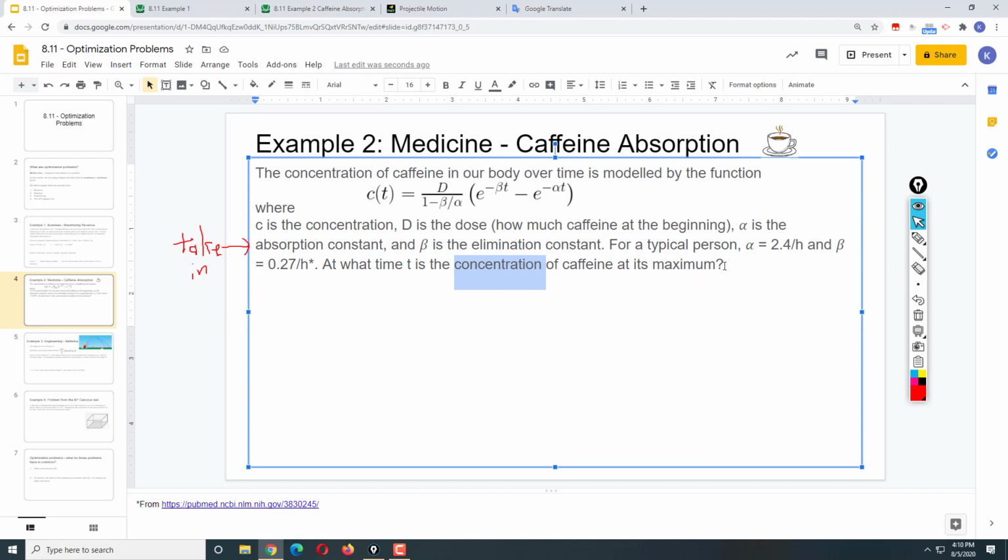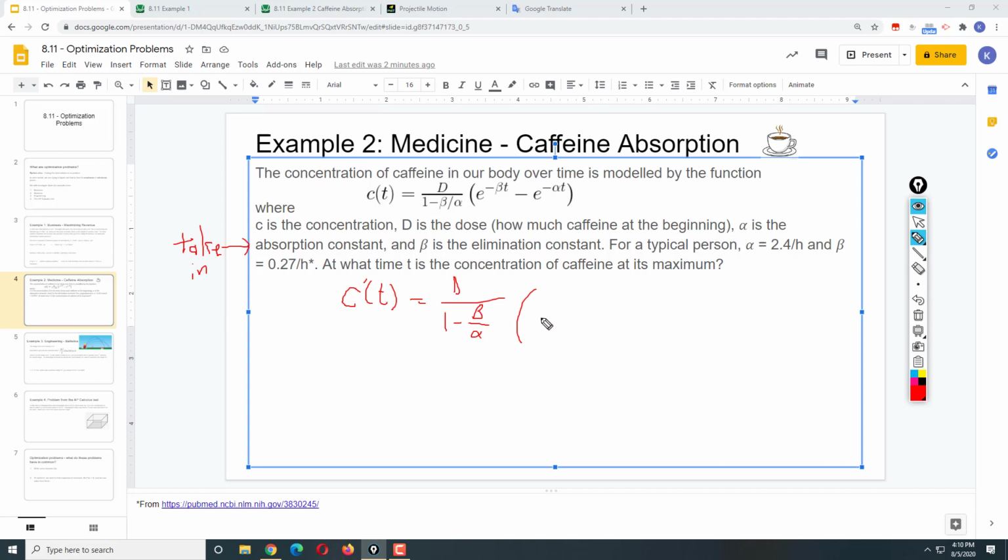All right. So we have this function. Let's take the derivative of it. We want to take the derivative and set it to 0. So that's c. The derivative is going to be, this is really just one big constant because beta, alpha, and d are all constants. Now we differentiate this thing.